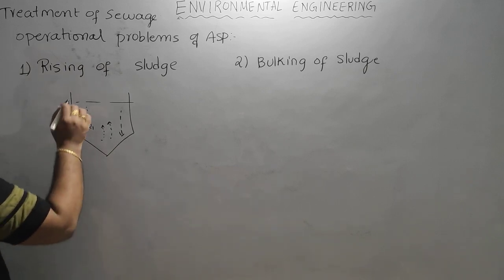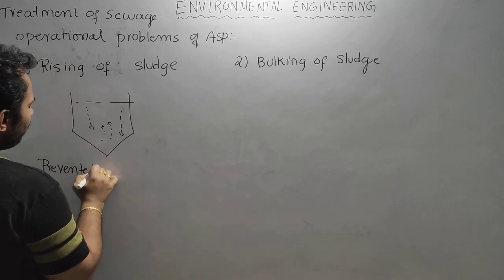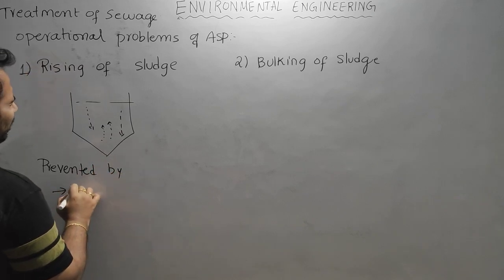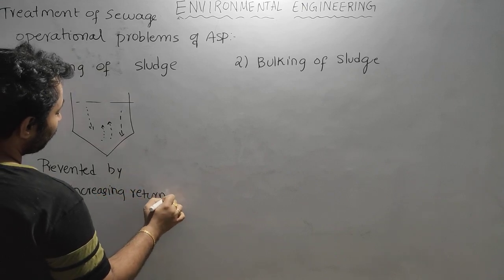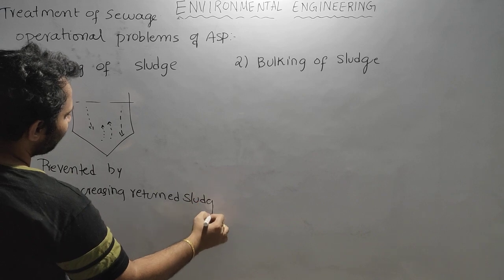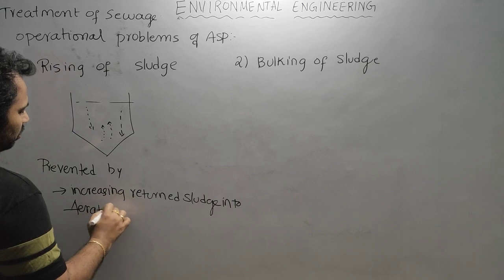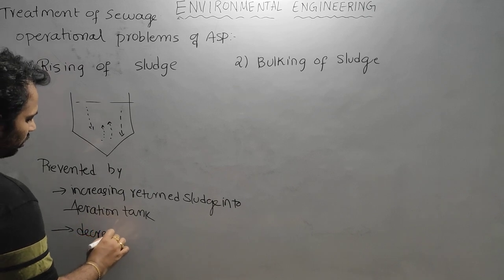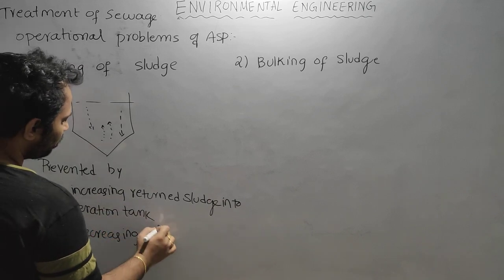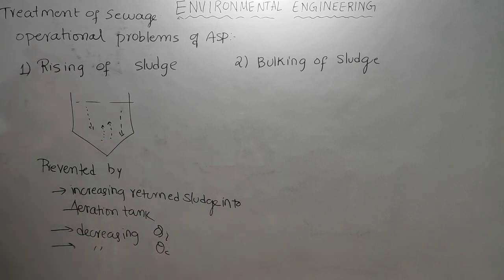So this rising of sludge can be prevented by increasing returned sludge into aeration tank, decreasing QI and decreasing theta C. So by doing these things, we can reduce the rising of sludge.